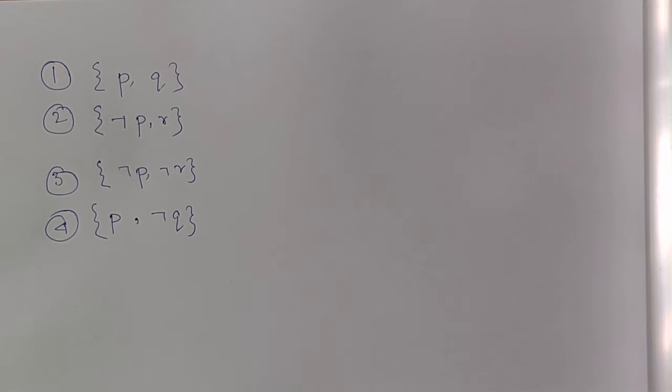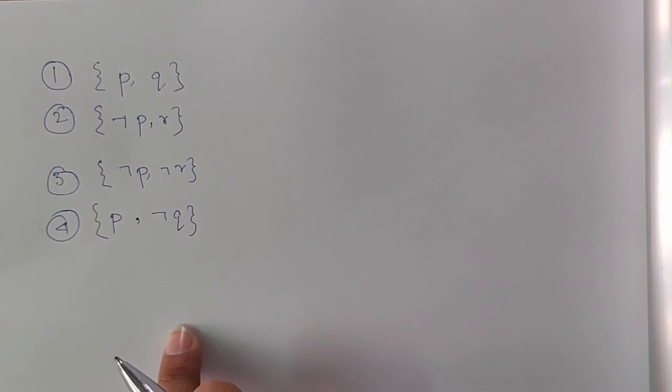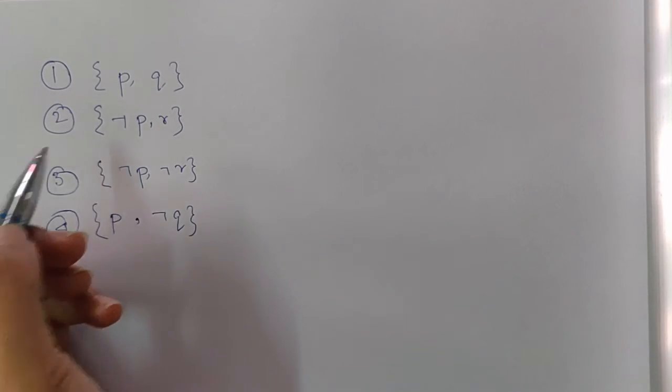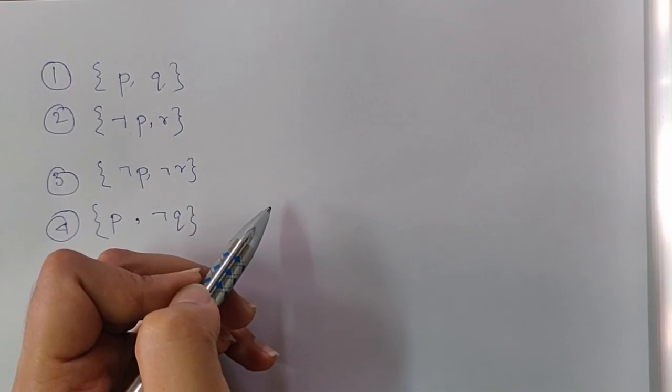I must say that when you resolve two sentences, you get a new sentence that is a valid conclusion, and so you can add that valid conclusion to your knowledge base. This is your given knowledge base, but you can add that valid conclusion to your knowledge base. For example, I can resolve 1 and 2, right?